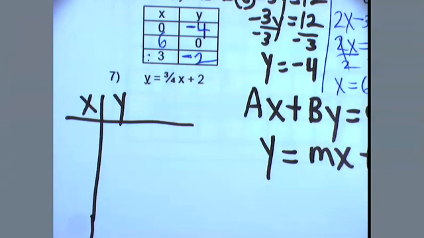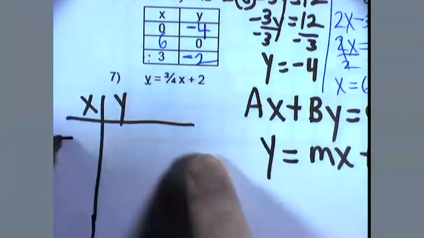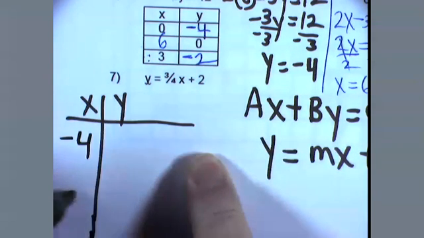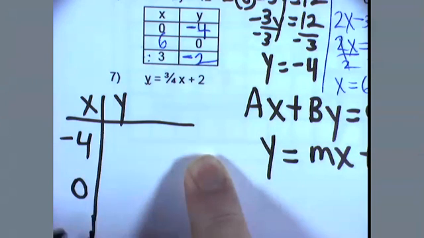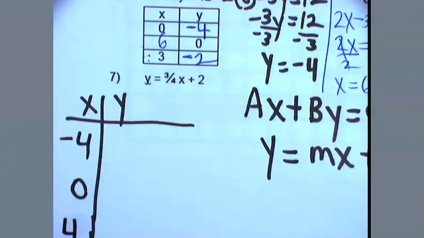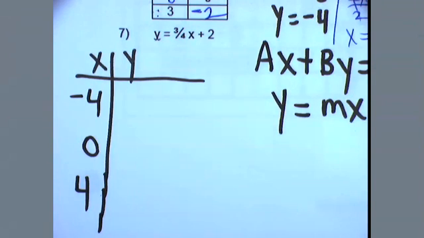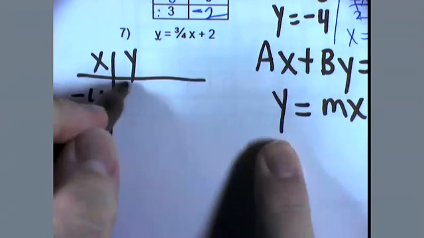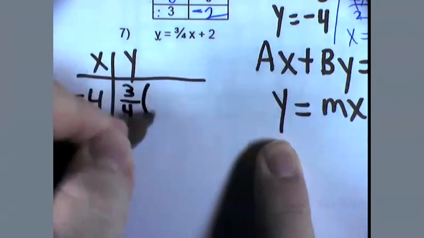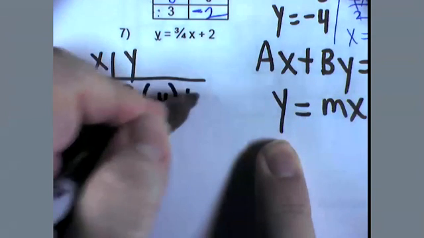So we can use -4. 0 is a good choice. And let's use +4. Now, when we plug in -4 for x, we have 3/4 times -4 plus 2.